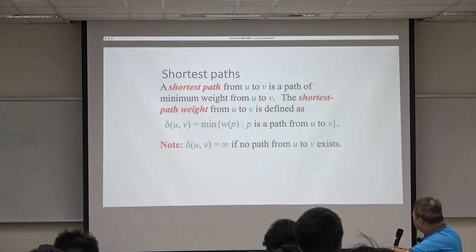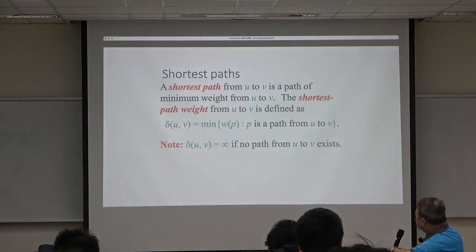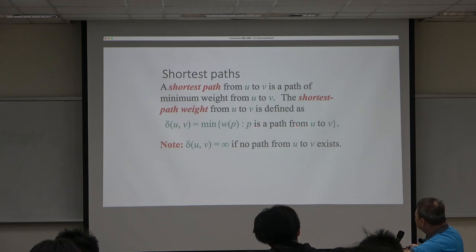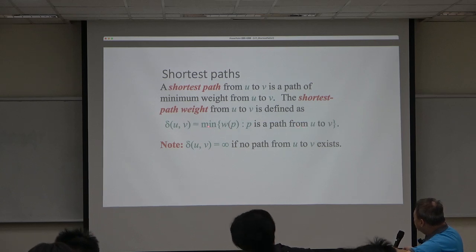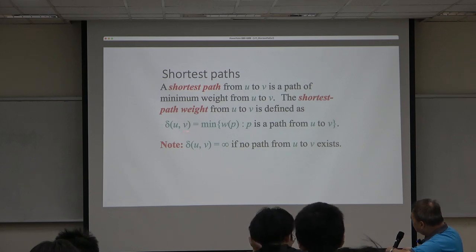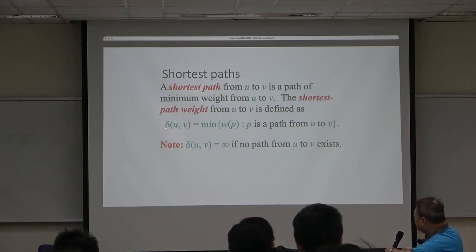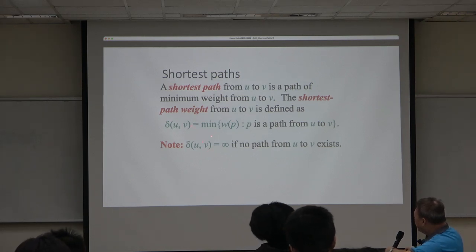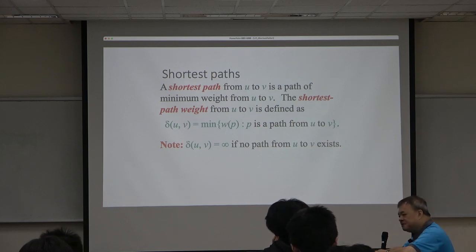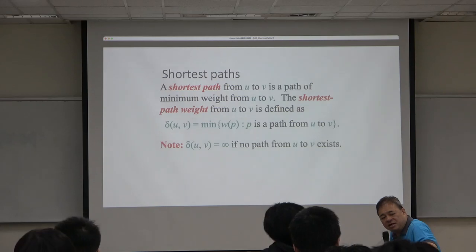So the shortest path weight from U to V is defined as the minimum. P is a path from U to V, and the W of P, the lowest one, is defined as delta UV. So delta UV will be defined to be infinite if there is no path from U to V. This is very natural, right?